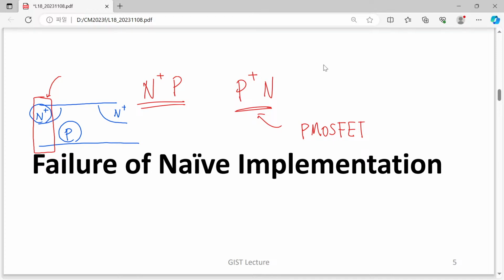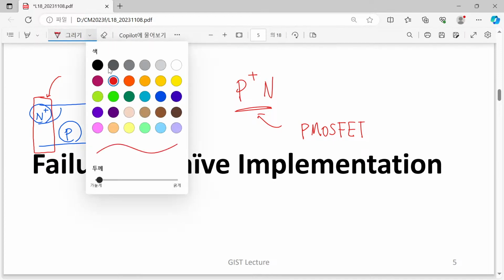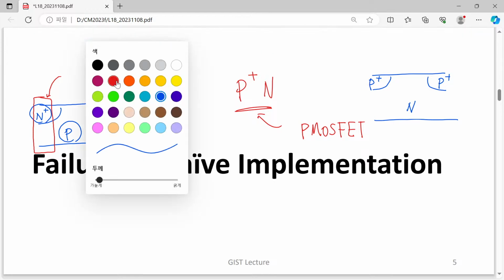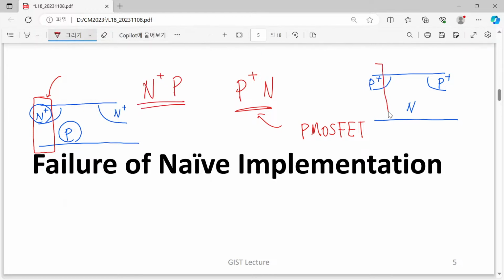Then how about the p-MOSFET? The p-MOSFET has the inverted polarity: its source and drain are realized with p plus regions, and it has a relatively lowly doped n-type region. So once again you can find this kind of one-dimensional junction.